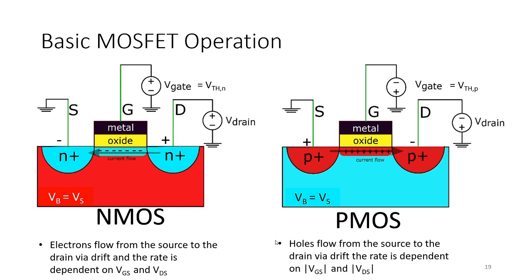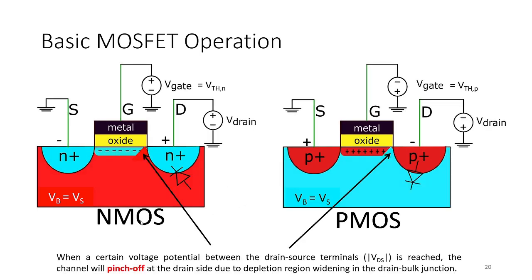If we consider the definition of current, because the electrons are moving from source to drain, the current flows from drain to source. And for the PMOS, it's from source to drain because the holes are moving from source to drain. So this current is dependent on the value of the gate source voltage and the drain source voltage.